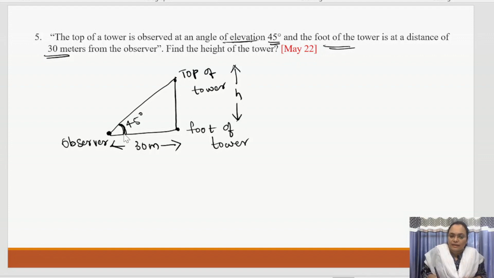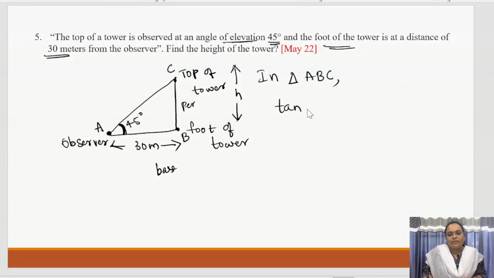With respect to this angle, this is the perpendicular and this is the base. We can apply tan 45. In triangle ABC, tan 45 degrees is equal to perpendicular by base.